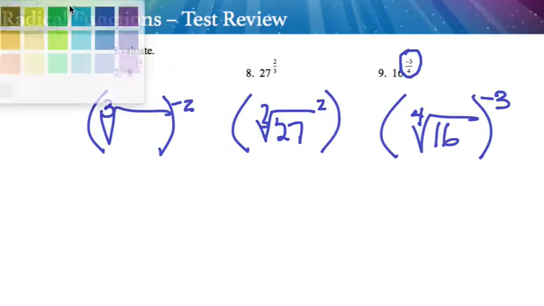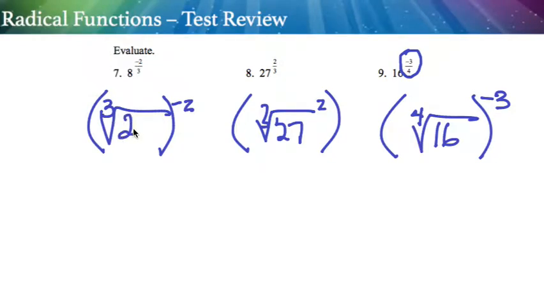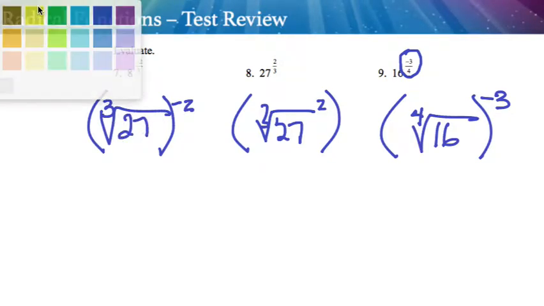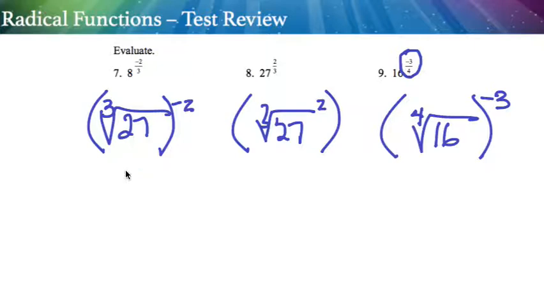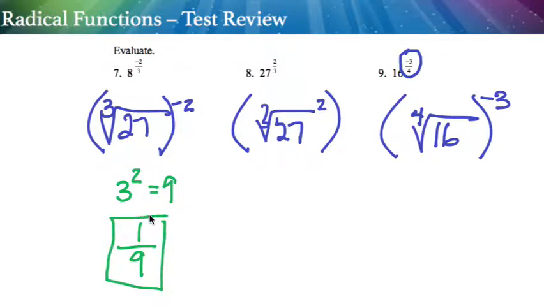This is 27, and the cube root of 27 is 3, and 3 squared is going to make 9. But that negative tells me that I have to inverse it, which basically is putting the 9 on the bottom of the fraction, putting 1 on top, okay? So this is the answer for number 7. This one I don't have to do that with.